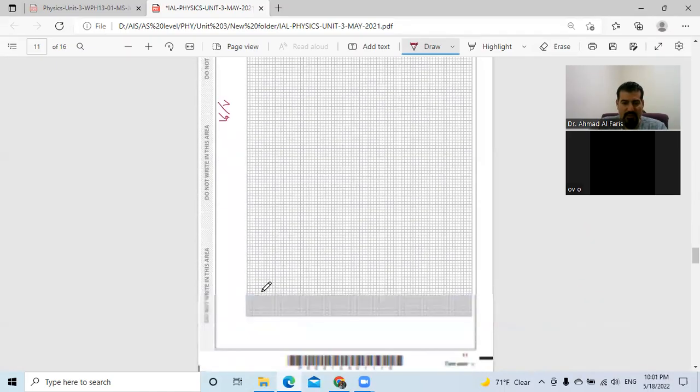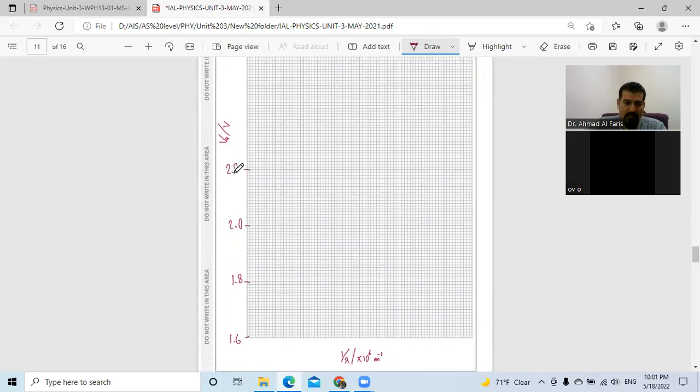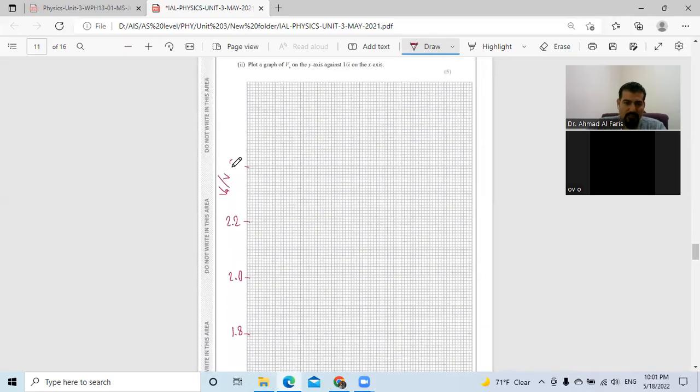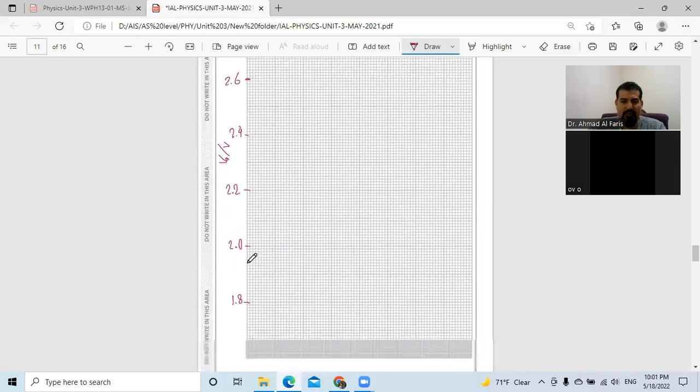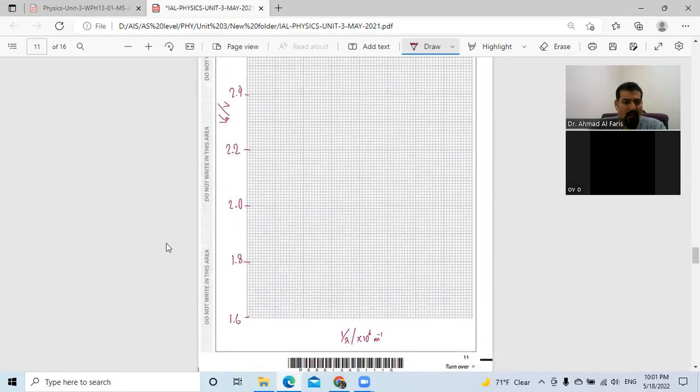So if I start from 1.6, and the maximum value is 2.58, let's say here 1.6, 1.8, 2.0, 2.2, 2.4. Yes, it's enough. 2.6. Okay, it's a good scale.